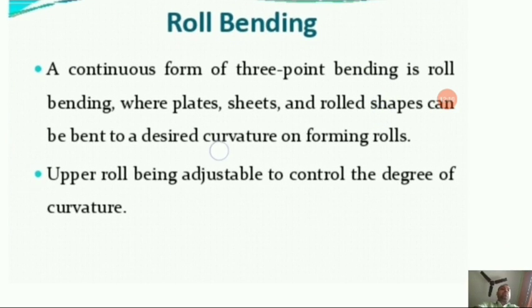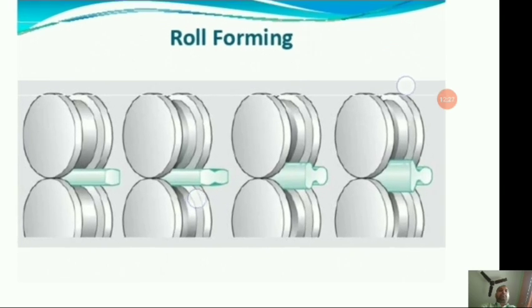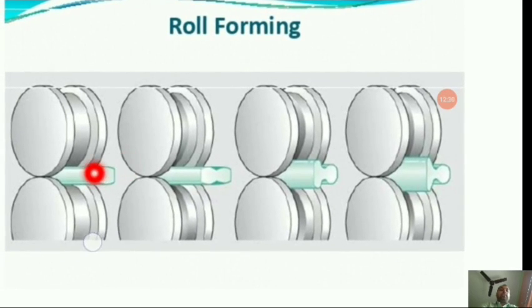Now coming to the roll bending process. It is a continuous form of 3-point bending, where plates, sheets, and rolled shapes can be bent to a desired curvature on forming rolls, with the upper roll being adjustable to control the degree of curvature. So you can see over here, this one is a roll bending, roll forming process.